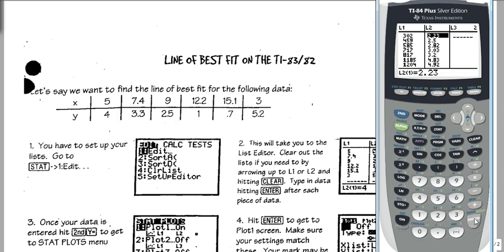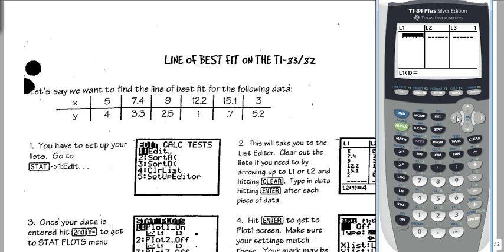Okay, I have data in here already. So I'm going to highlight list 1. Do not hit the delete key. You do not want to delete the list. You just want to clear the list and hit enter, and then it should clear the whole list for you. Go up to L2, clear, enter. That's if you have stuff in your lists. If you don't, then you can just start here.